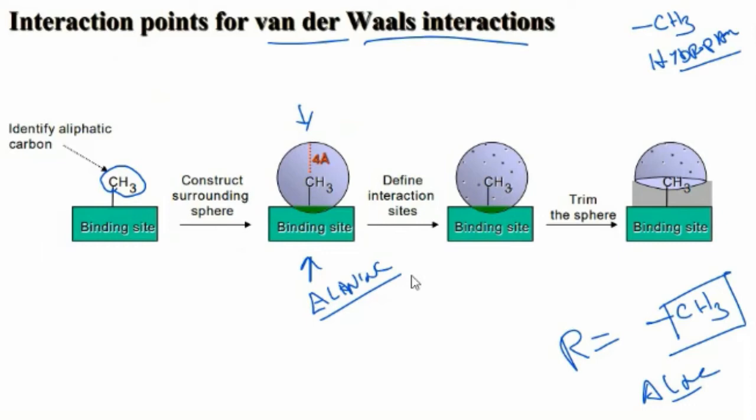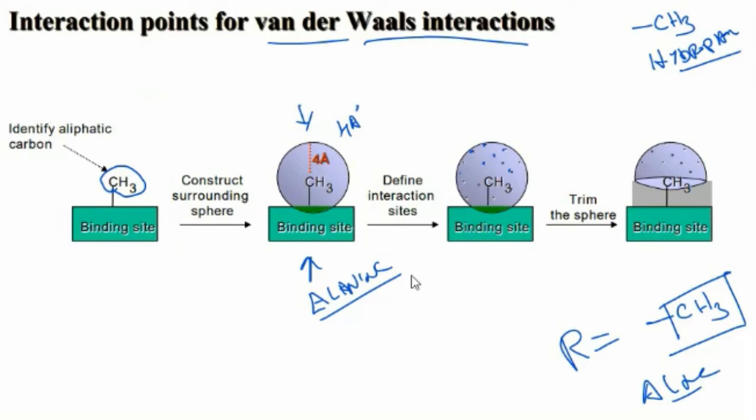For a 4 angstrom distance, to define the interaction site, they make some dots like this. Here you can see, I hope that is visible for you. But you know this van der Waals interaction can take place only up to a certain limit.